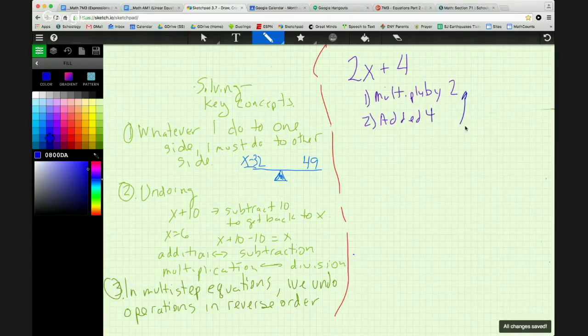So to undo, what do I do to undo addition? I must subtract 4, because undoing addition means subtraction. And then the second thing I do is I divide by 2.